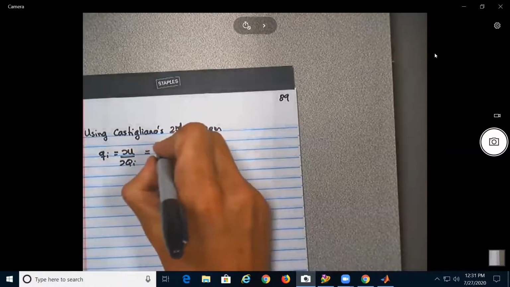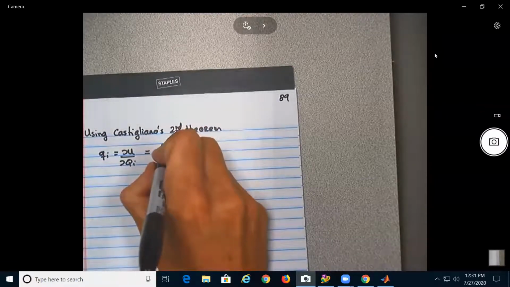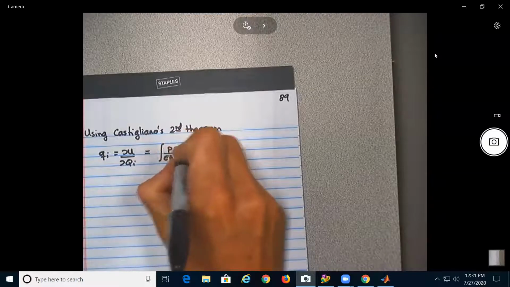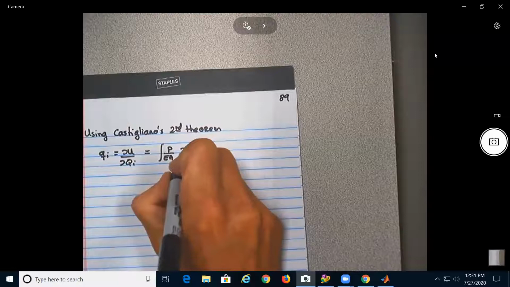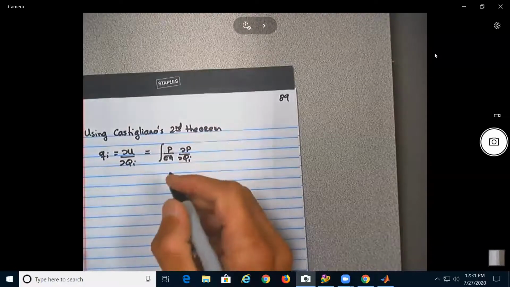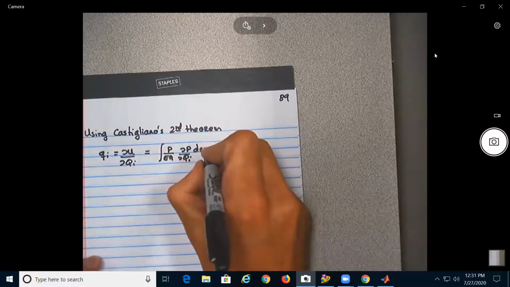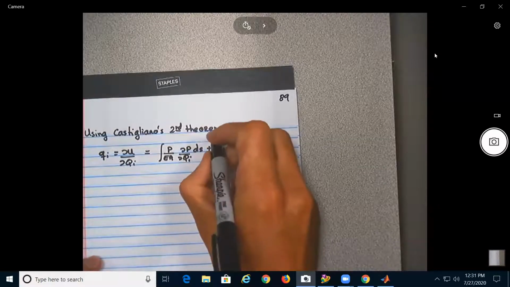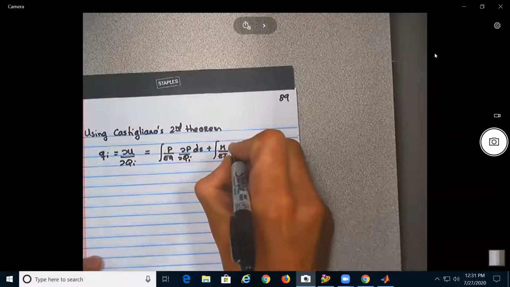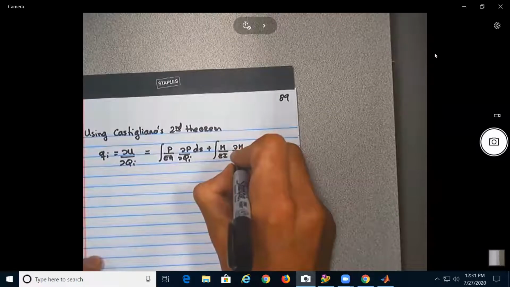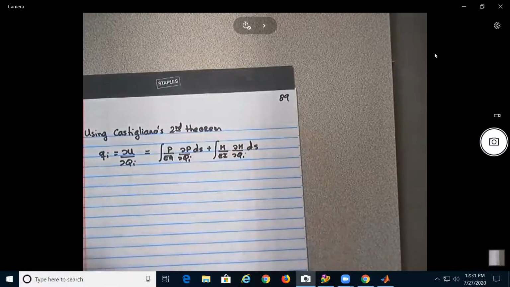this will be equal to the integral of P over EA partial P. I'm still going to call it Q sub I, but it's really P as well. ds plus integral of M over EI partial M partial Q sub I ds.